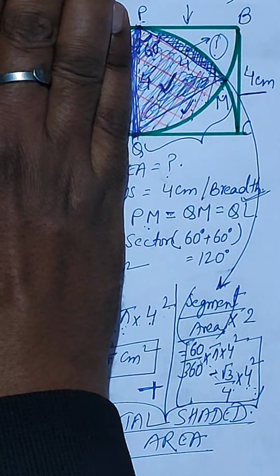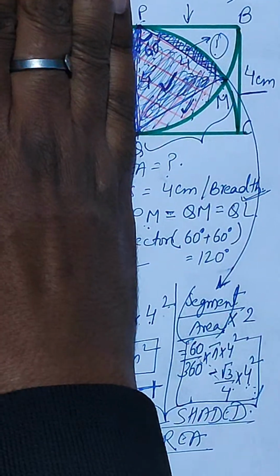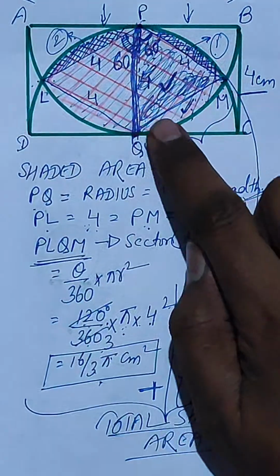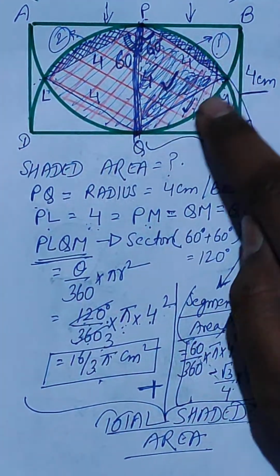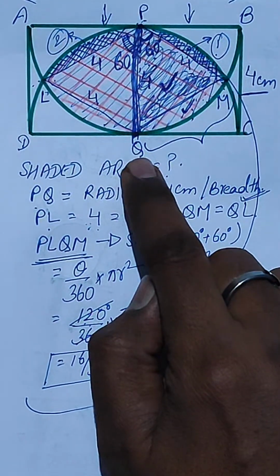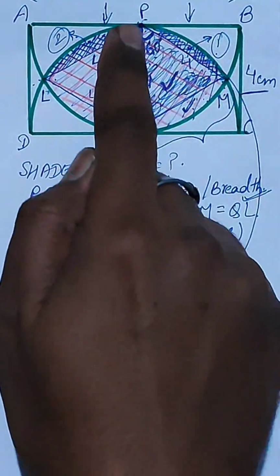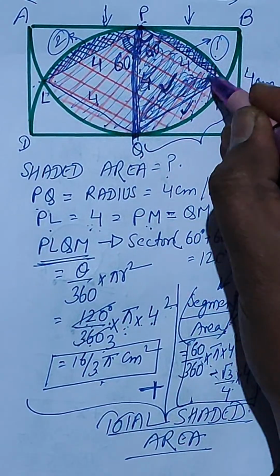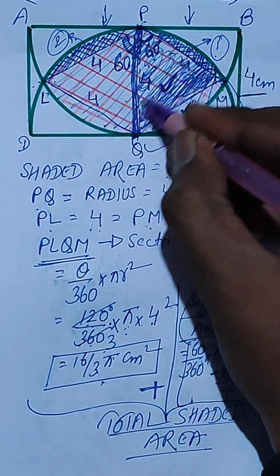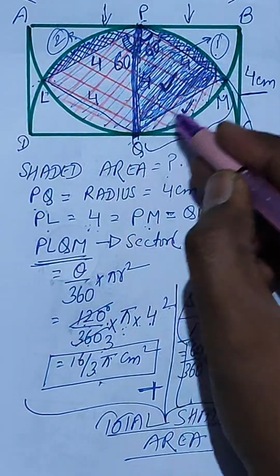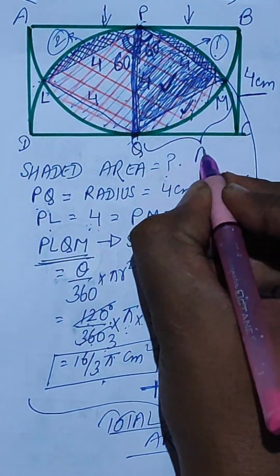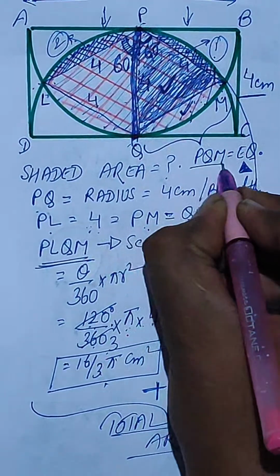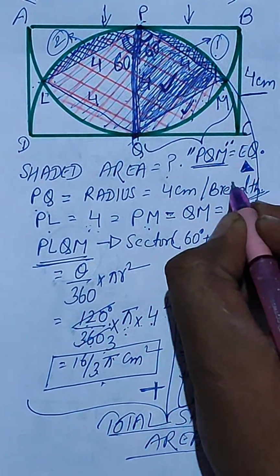If you subtract the area of this equilateral triangle, because this is a radius of the circle with center Q, and PM is a radius of the same circle with center P, we see that PQM is an equilateral triangle whose side is nothing but 4.